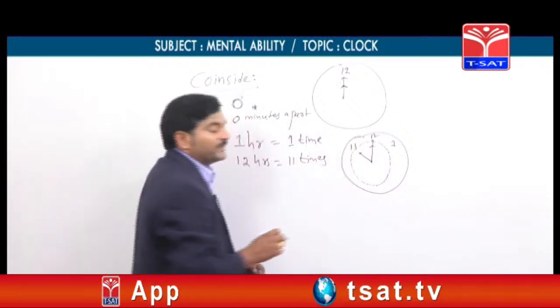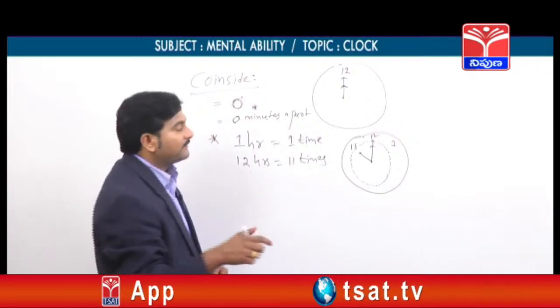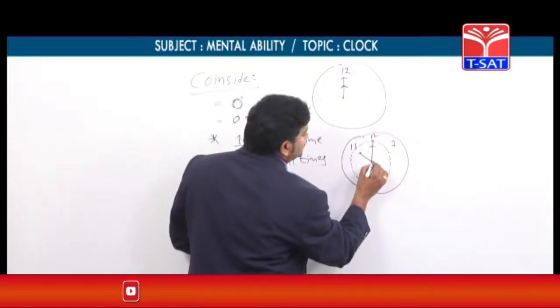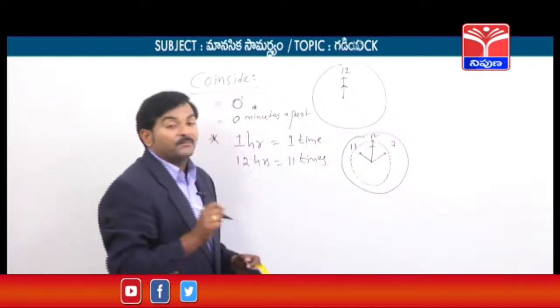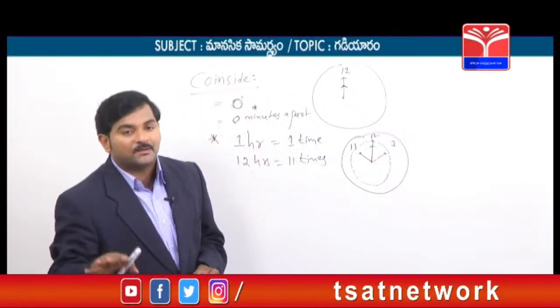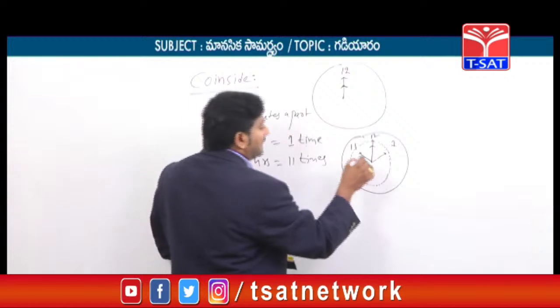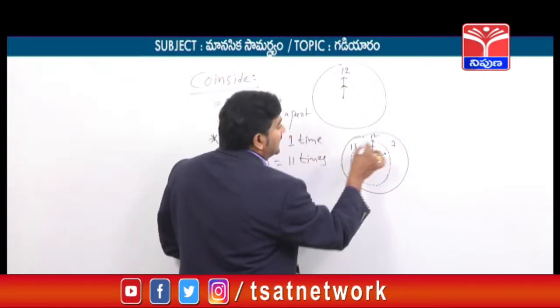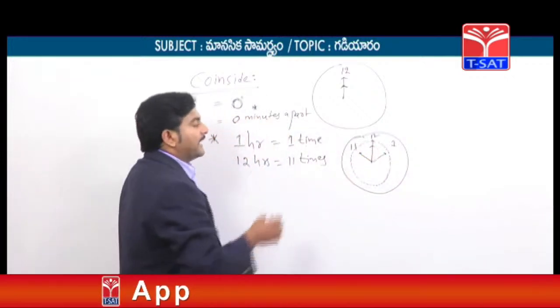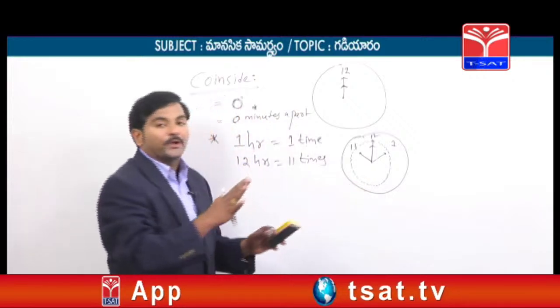Similarly, in the second phase, the minutes hand rotates again. If the minute hand rotates 1 hour, then the hours hand moves to 1 o'clock. But in this second part, when the minutes hand moves 1 hour, there is no coincidence.